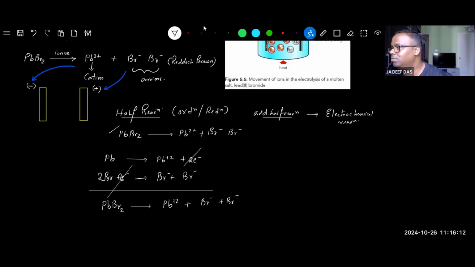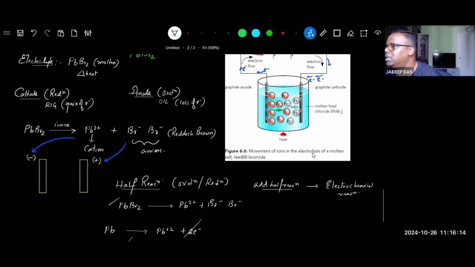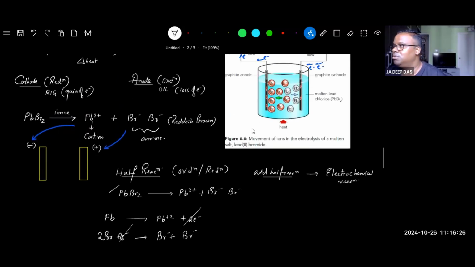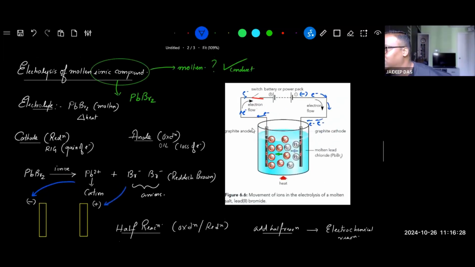Now what is happening here, we will see. Br minus is not a stable product. Bromine is a stable product, and please understand children, 2 atoms of bromine combine together to form 1 molecule of bromine. We said the electrolyte has dissociated into 2 types of ions: Pb2 plus, and Br minus, and another Br minus.